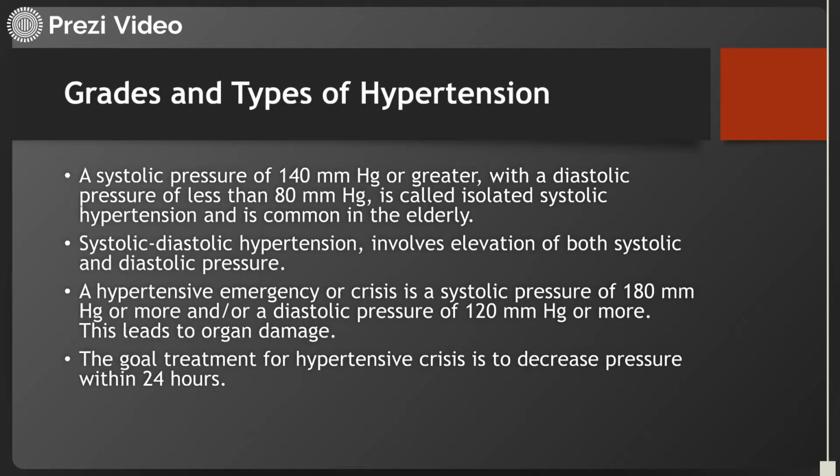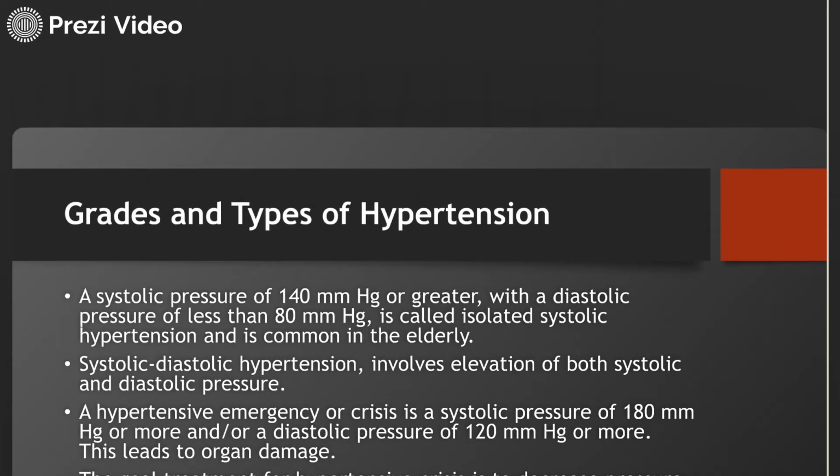So we need to make sure that when we have someone that has a hypertensive crisis, we decrease the pressure within 24 hours so we can prevent as much damage as possible.